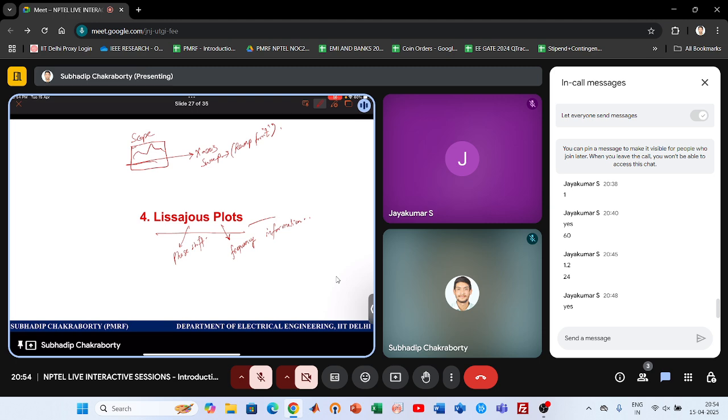So this is the time axis mode. And in the XY mode, you actually have two signals, Y and X, and it leads to some formation of plot.